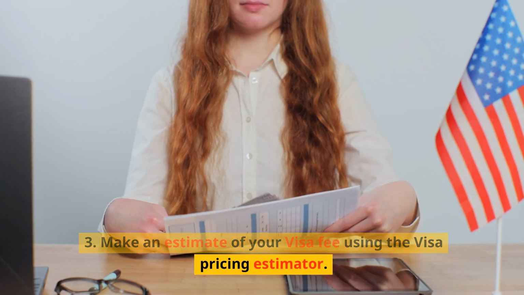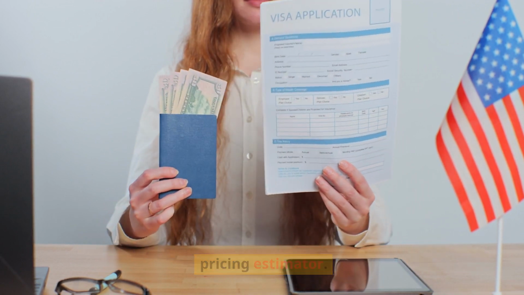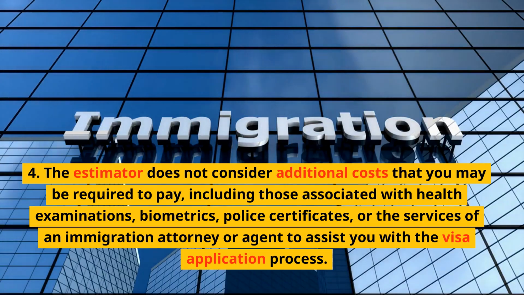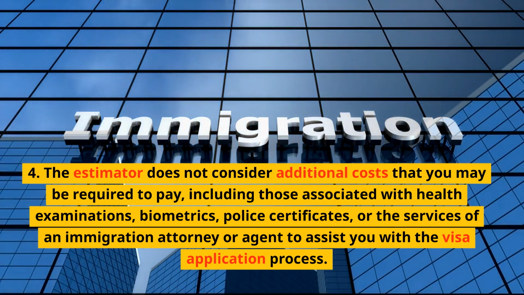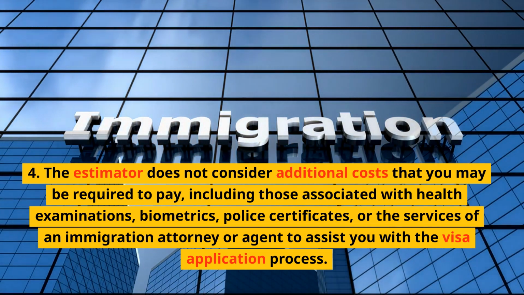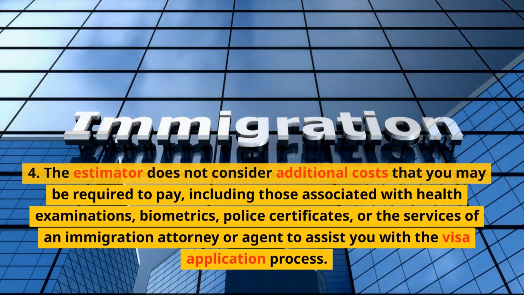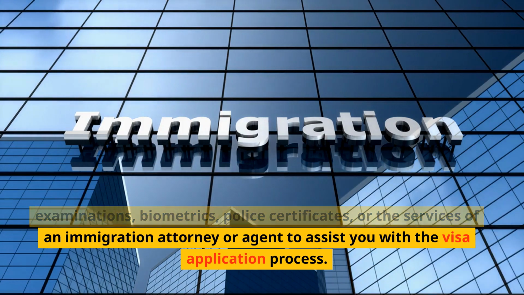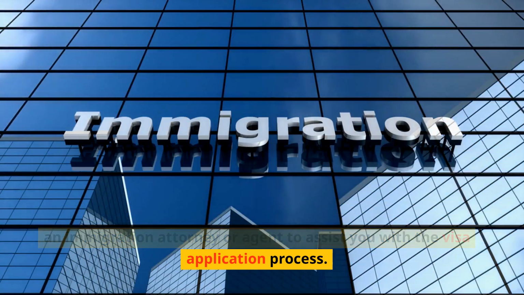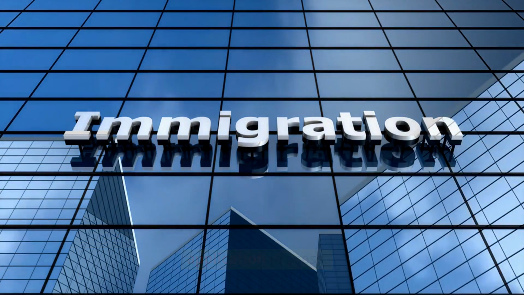Make an estimate of your visa fee using the visa pricing estimator. The estimator does not consider additional costs that you may be required to pay, including those associated with health examinations, biometrics, police certificates, or the services of an immigration attorney or agent to assist you with the visa application process.